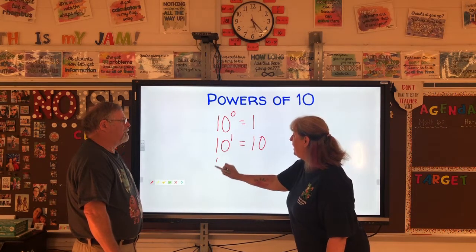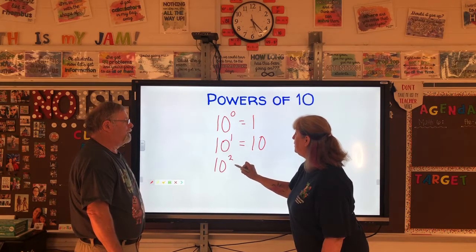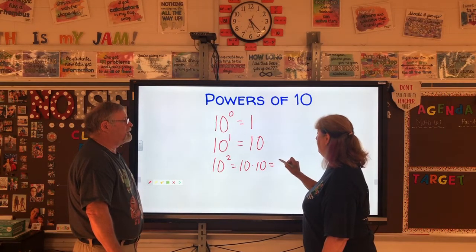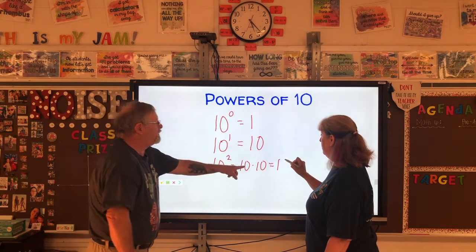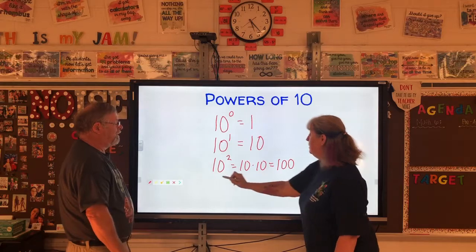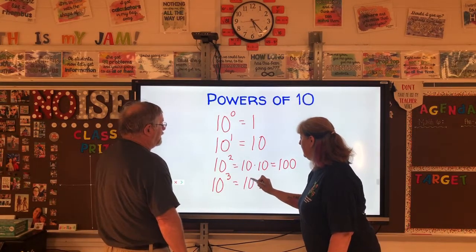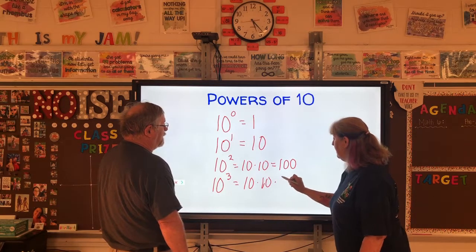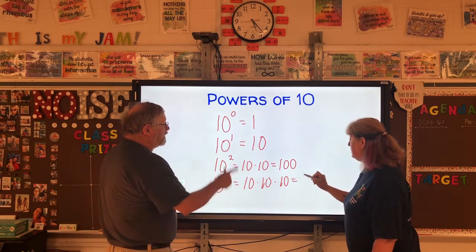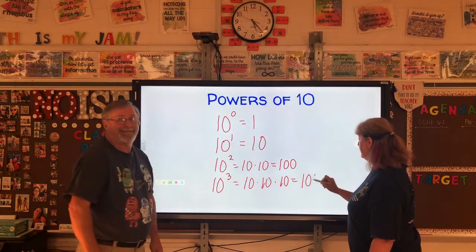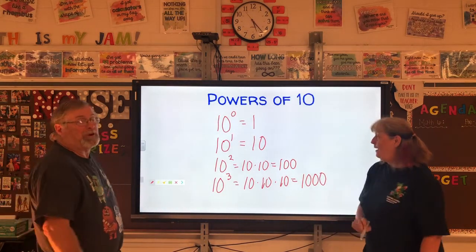And 10 squared, which means 10 times 10, equals 100, a 1 and 2 zeros. I bet I can see a pattern here. 10 times 10 times 10 equals 1 and 3 zeros.